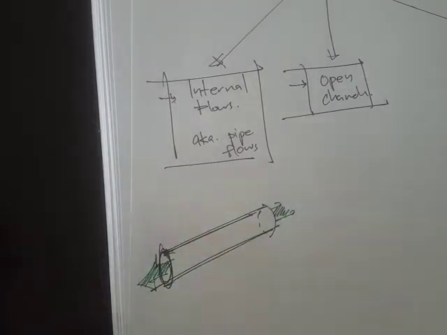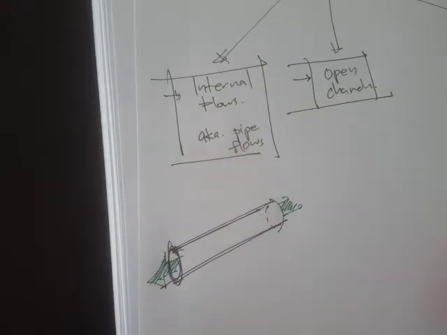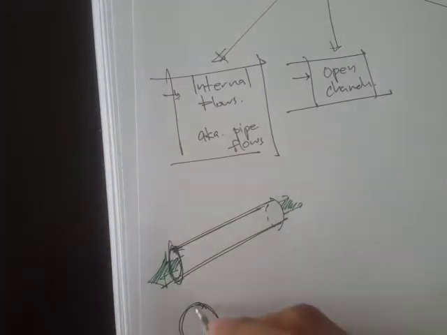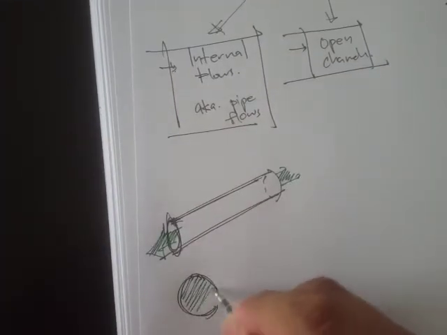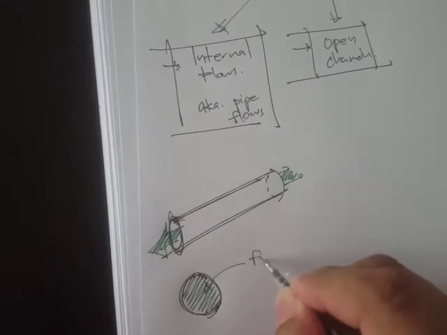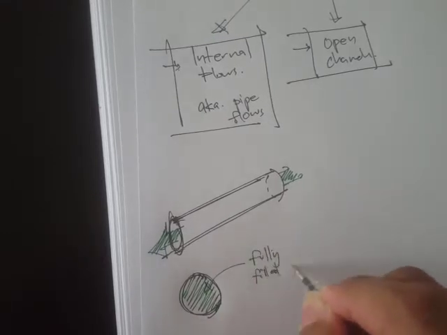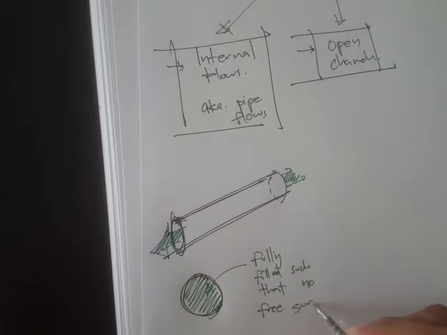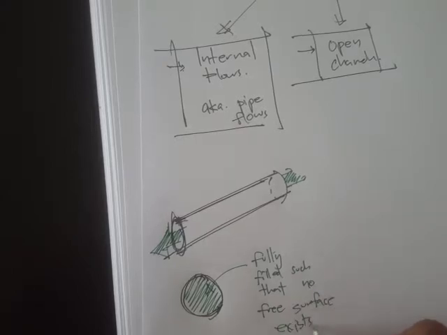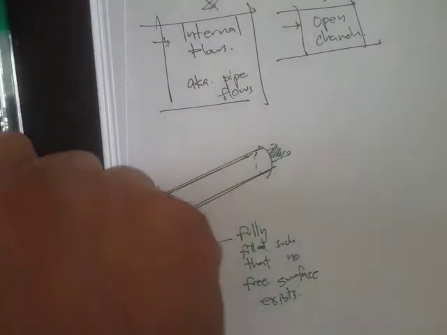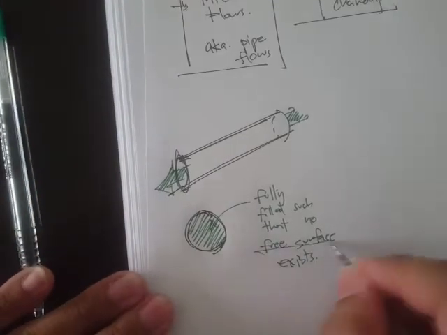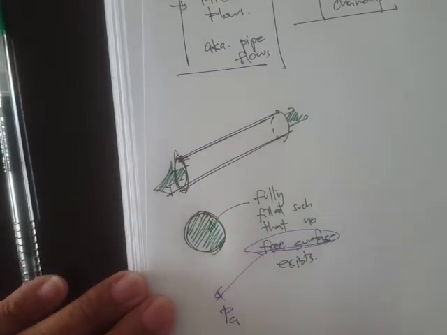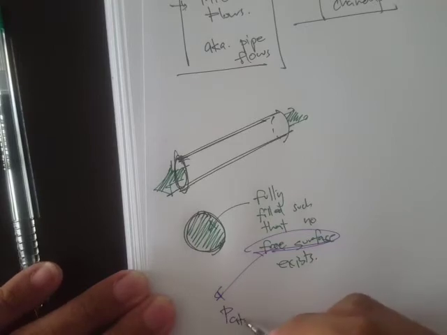However, a more precise description is that even if it's inside, it must be fully filled such that no free surface exists. And when we say free surface, that means that there is an exposure to the atmospheric pressure.